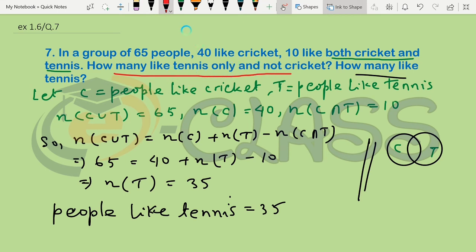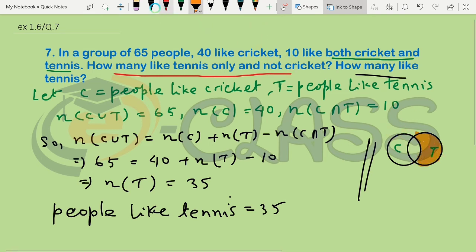Okay, so look at the set. Only tennis, not cricket. By the statement only tennis, not cricket, we get this region. This is only tennis, not cricket.